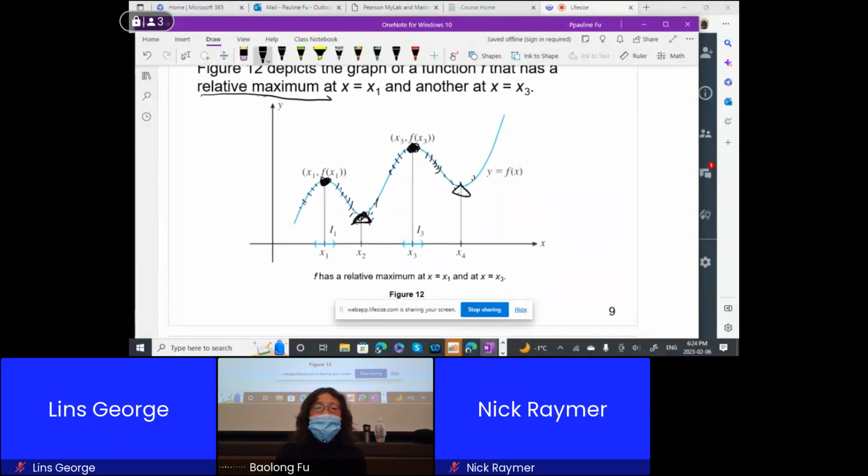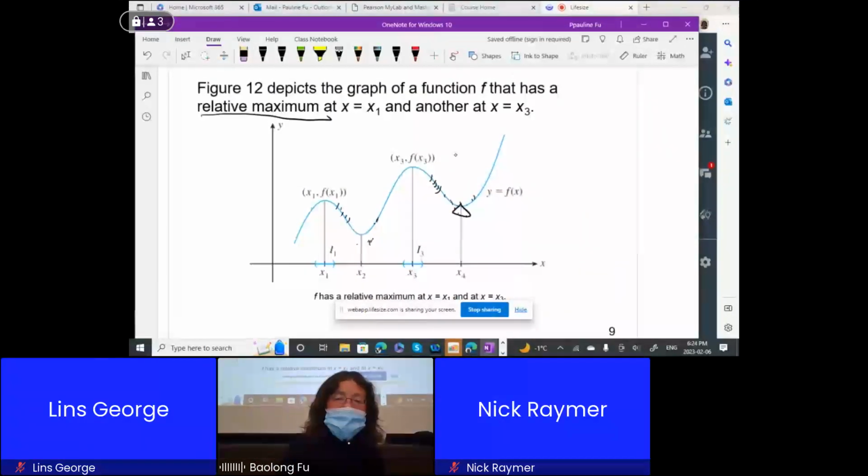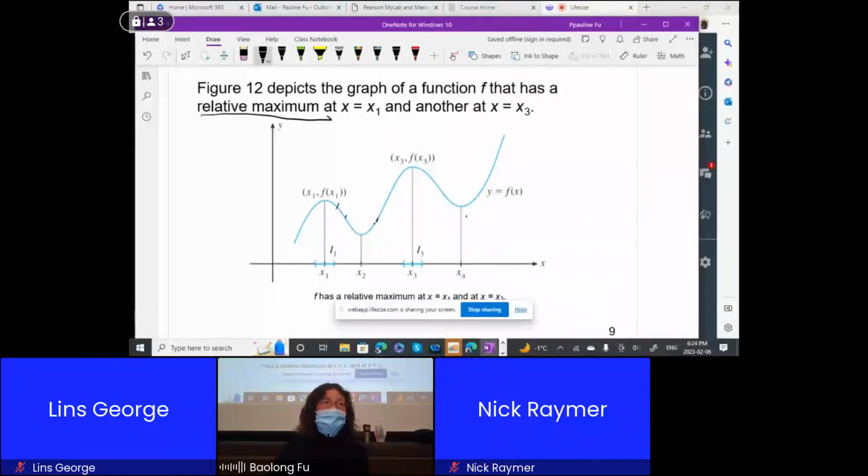Okay. And can you identify, if I erase everything, which point is the absolute maximum, which point is the absolute minimum? Use common sense, which one is the maximum, which one is the minimum? Which one is the absolute maximum?